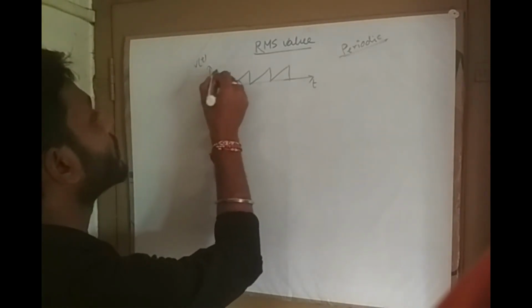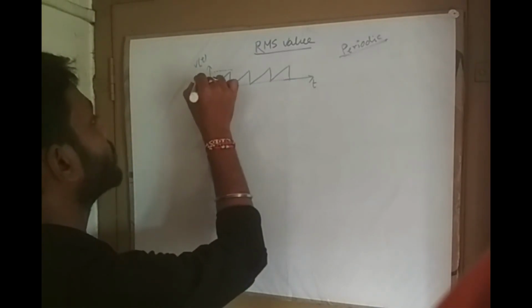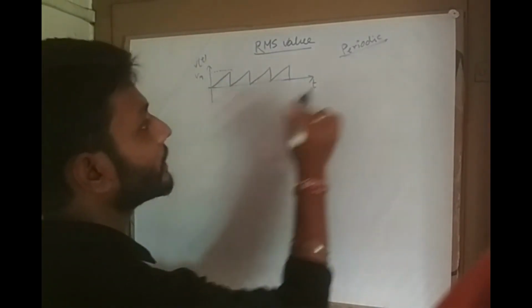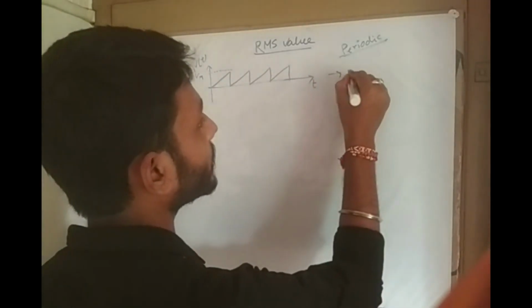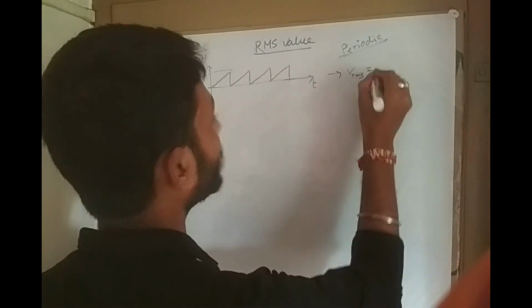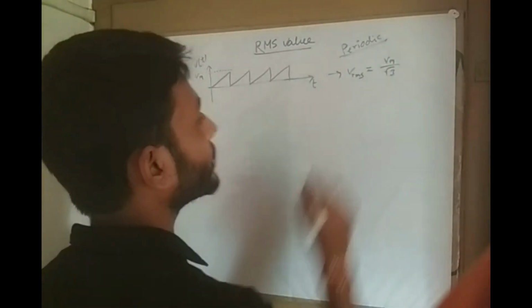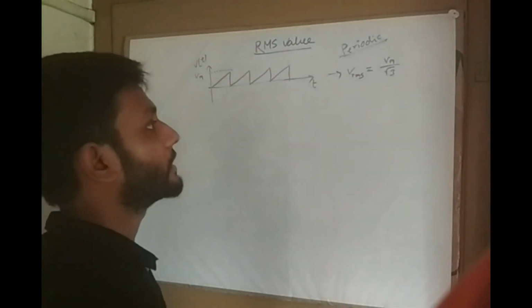If this one is the maximum value Vm, then the Vrms value will be equal to Vm divided by root 3 in case of triangular wave shape.